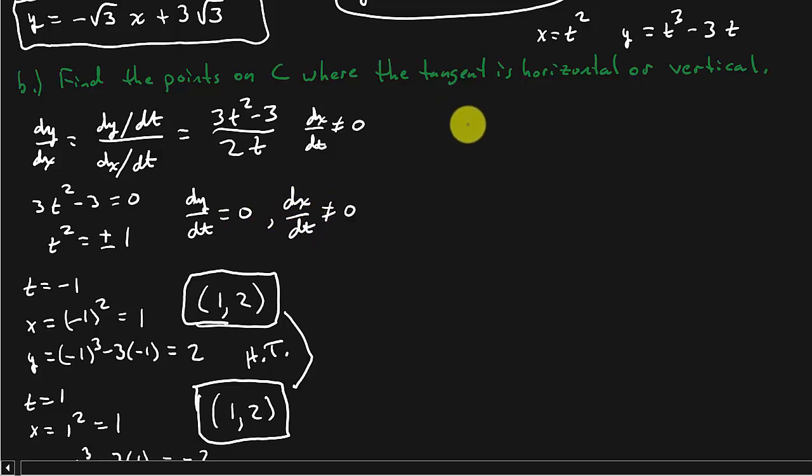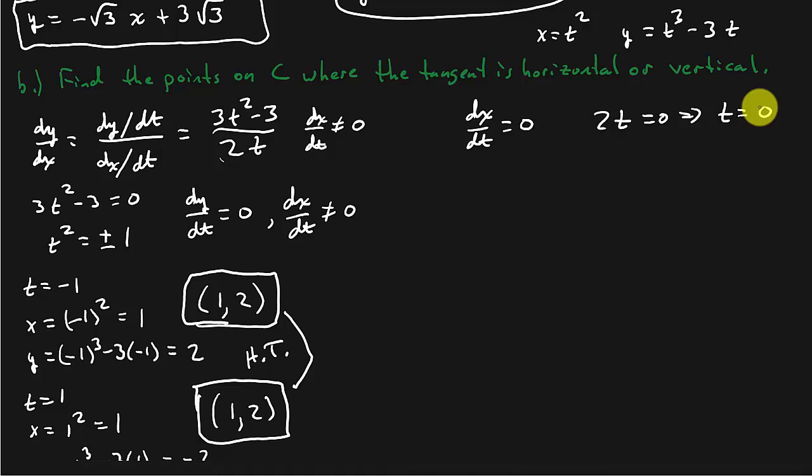And then the vertical tangents, that's when dx dt is equal to 0. So let's take dx dt. See, dx dt is 2t. That equals 0. That means t is equal to 0. So we have a vertical tangent when t equals 0. Or do we?